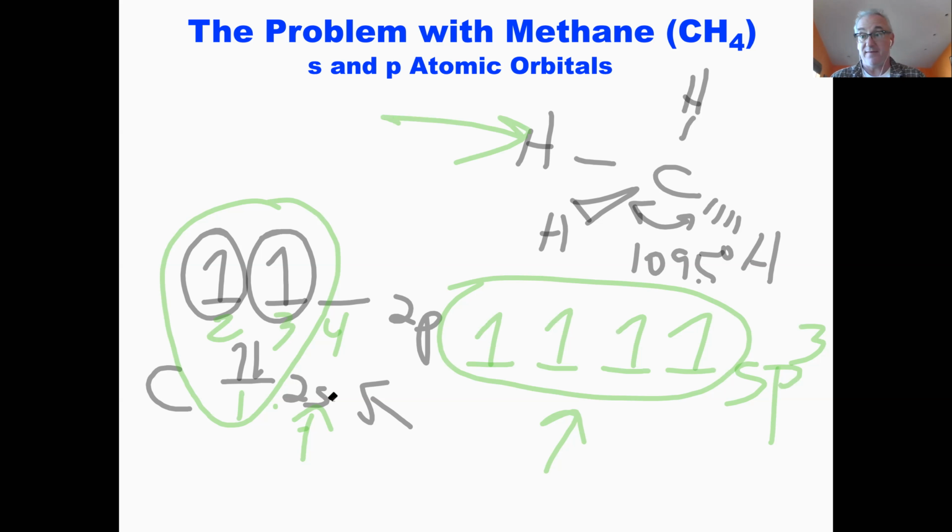That is methane. There's no doubt about that. But that does not line up with what we predicted if we just looked at the atomic orbitals. So does everyone see that there's an issue here? And so we needed a new theory to address it.